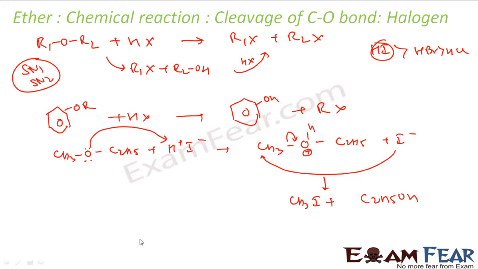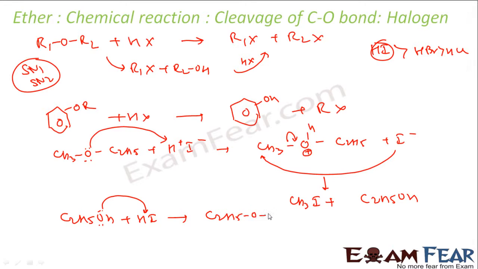R1X plus R2OH. Now the C2H5OH, if you have more HI, then you know what will happen. Again the same thing will happen, right? This will attack this H, and OH2 will go, so it will become C2H5OH2 plus, oxygen will have positive charge, and then I minus will come, take this position and OH2 will go off, right?